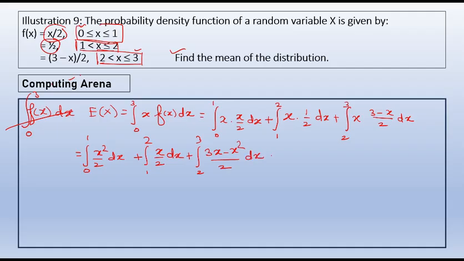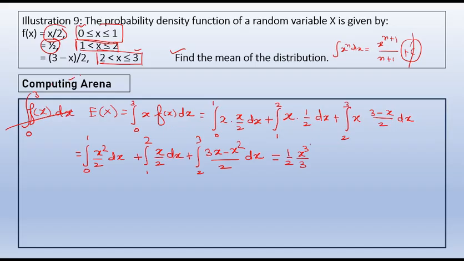Now here you take up half, and here you take x cube by 3. That is the integration. Remember, the integration of x to the power n dx is x to the power n plus 1 divided by n plus 1, plus c, a constant. In definite integrals we don't write this. These are all definite integrals because the integrations have some range.